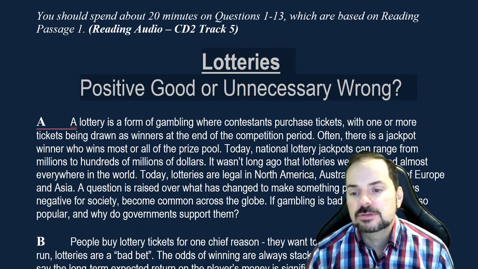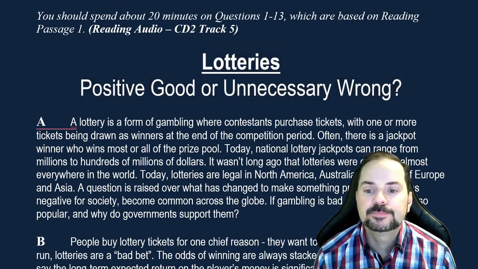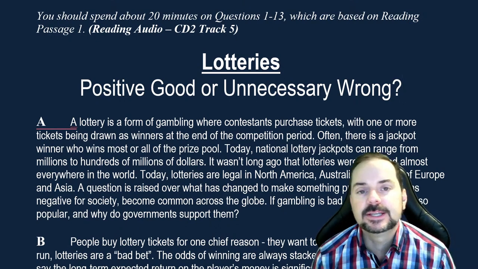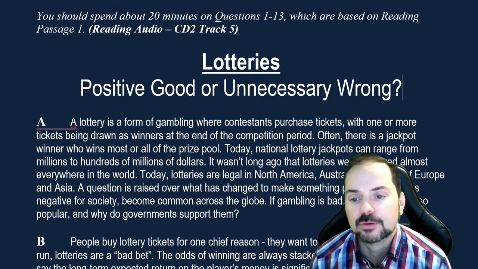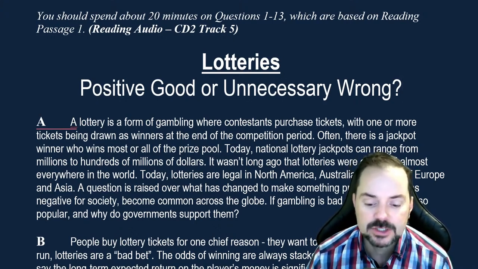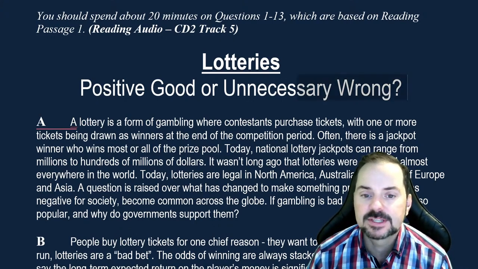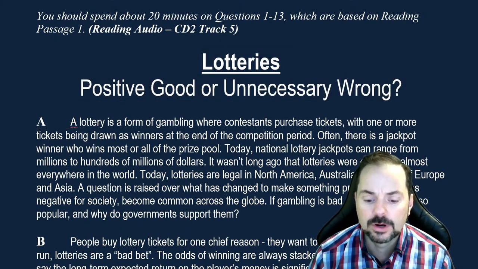And as soon as you read the title, you want to basically think critically about the title in a very logical, systematic way. So what I mean is, you have this title, Lotteries, positive, good, or unnecessary, wrong.